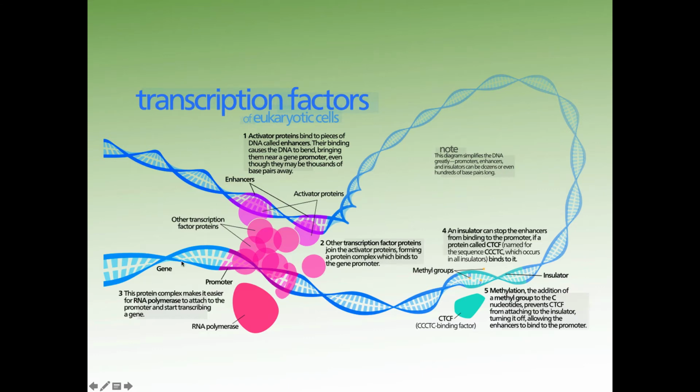So it's not just one thing, it's a whole set of complex interactions with a bunch of different things occurring on top of this DNA that can help either promote or inhibit this reaction.